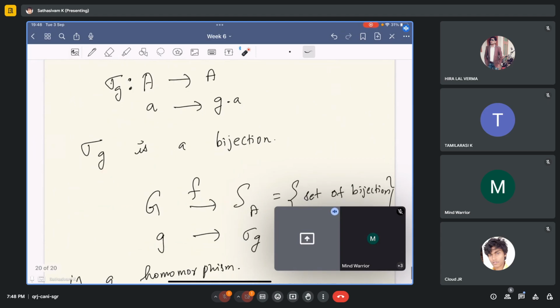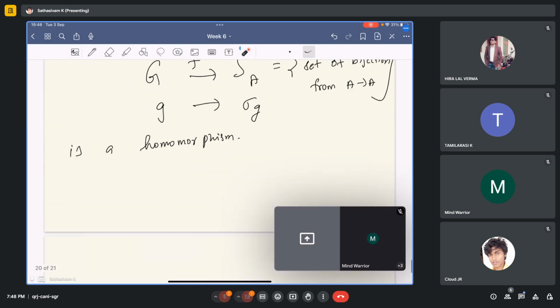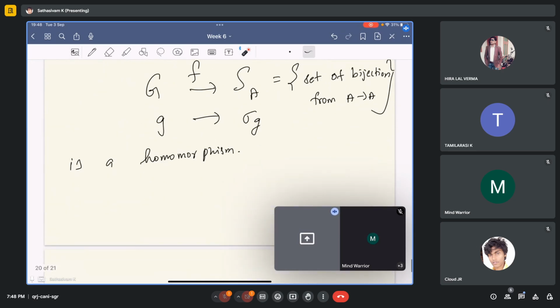You can see it is a bijection because you can always do something like this. You want to prove surjective and injective, right? You can easily prove it. Try to prove it. So let's just prove that this is a homomorphism.